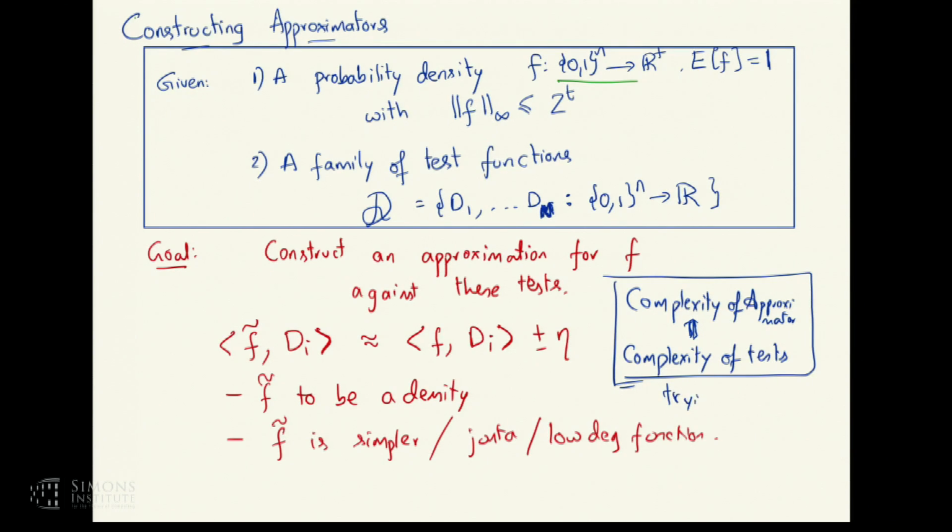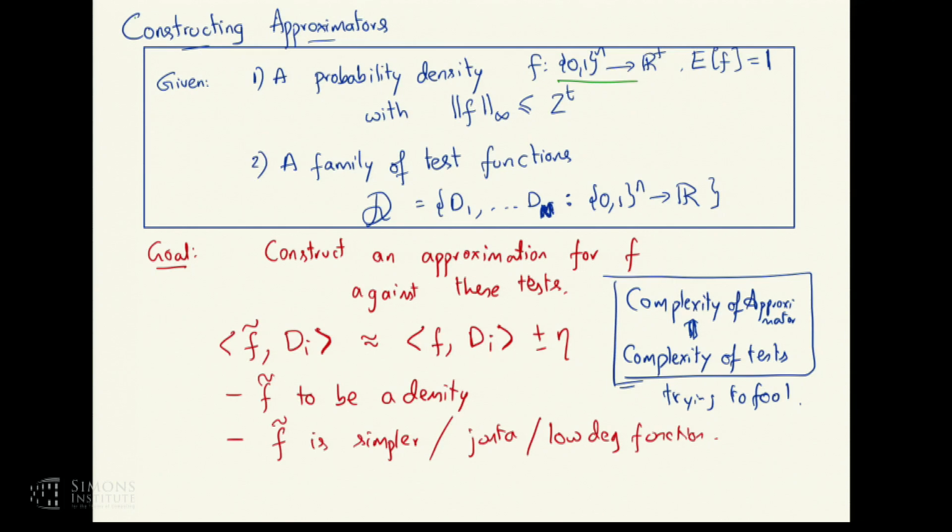Prasad asks: Yes, I was going to ask if capital N is going to depend on little t. Capital N, the number of tests. Let's assume that we have a sequence of tests, possibly an infinite number of tests that we care about, and we have a function f.